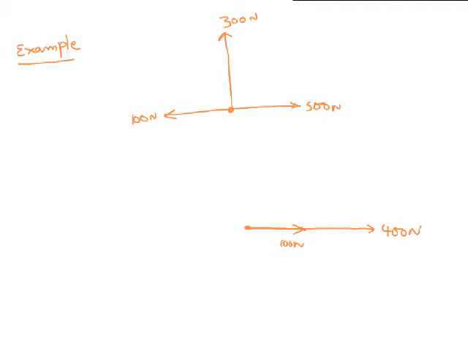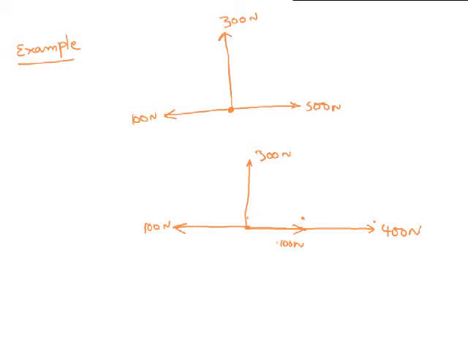So we have one force from here to here which is 100 newtons, another from here to here which is 400 newtons. So 100 plus 400 is 500, the same force. Then you have another force which is 100 newtons, and a third vertical force of 300 newtons.